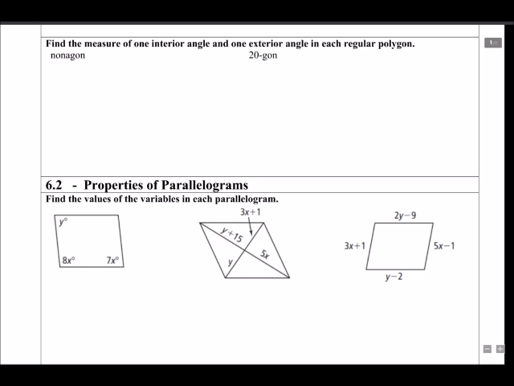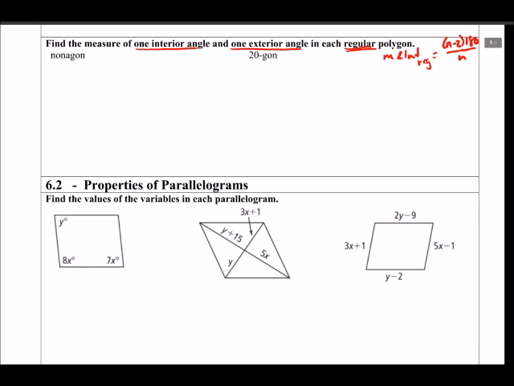Find the measure of one interior angle and one exterior angle in a regular polygon. So we know these are special, and we have formulas for this as well. The measure of one interior angle for a regular polygon is n minus 2 times 180, our total, divided by the number of sides.